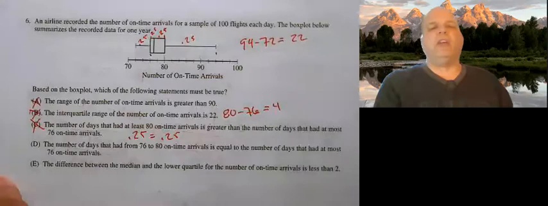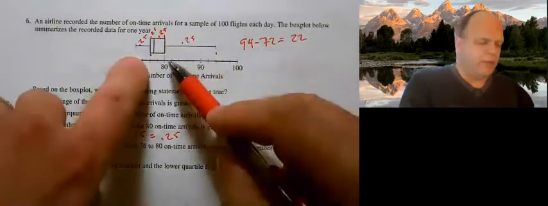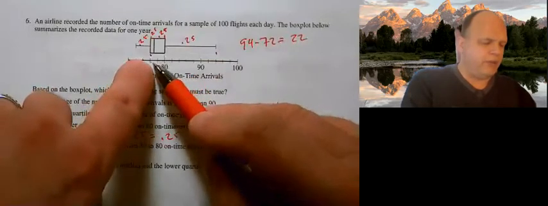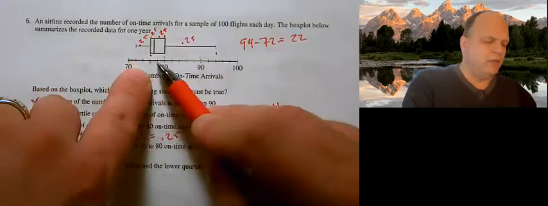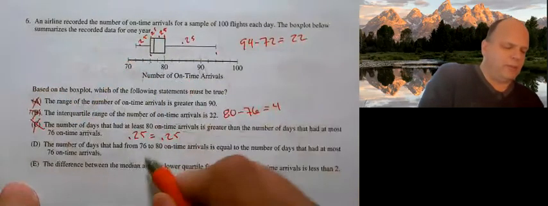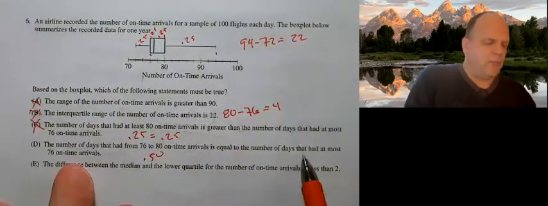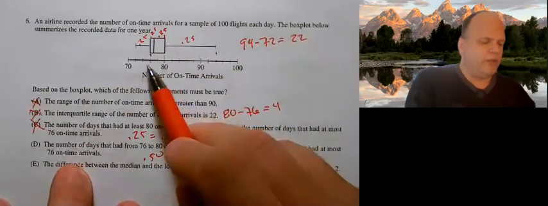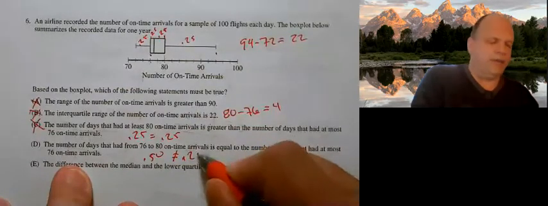The number of days that had from 76 to 80, well, that's 2. That from 76 to 80 is 50%, because here's 76, so to 80, so that's 50%, is equal to the number of days that I had at most 76. Well, 76 is right here, and 50 does not equal 0.25, so D is also false.